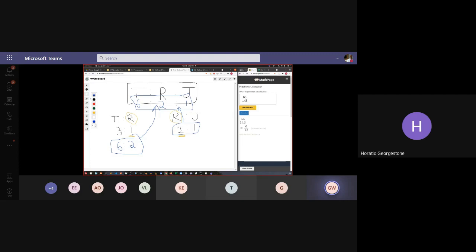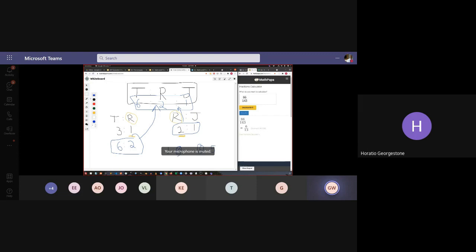Now, it just occurs to me that you could have, let's say, for example, the ratios you were trying to combine were like 1 to 8 and 6 to 5. You'd have to change both of them, right? So if this was the shared item, the 8 and the 6, you want to look for a common multiple.